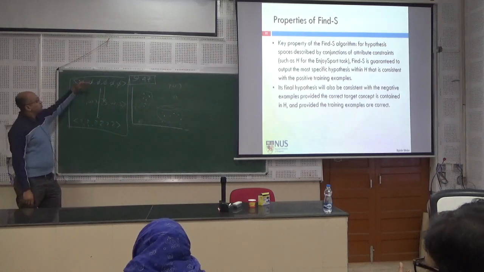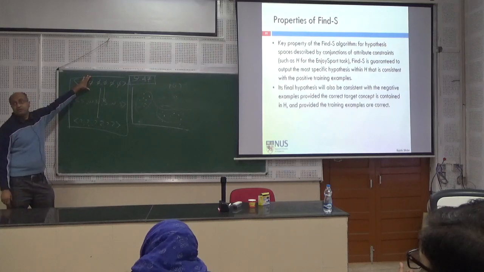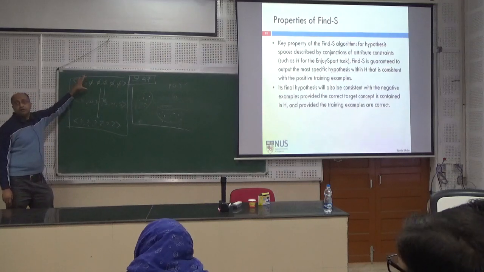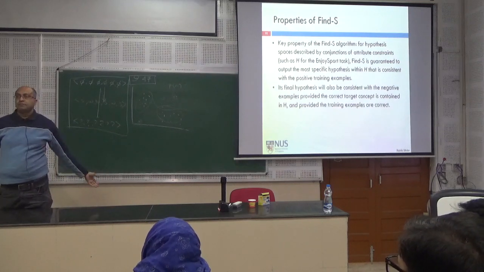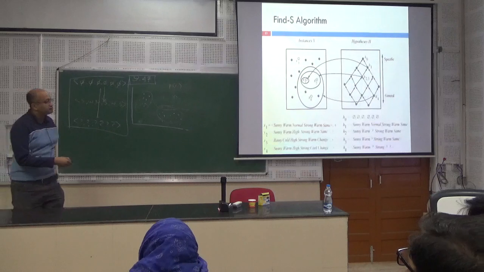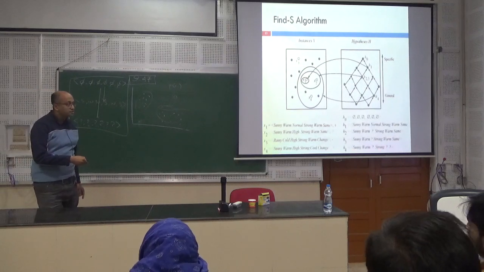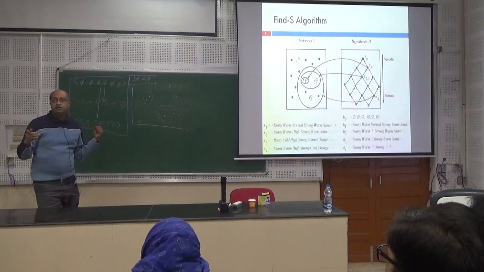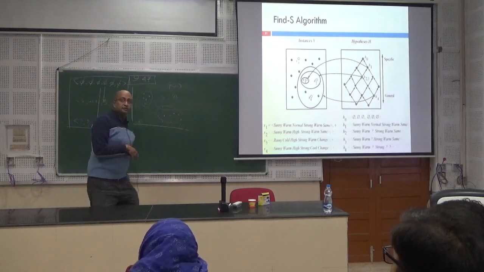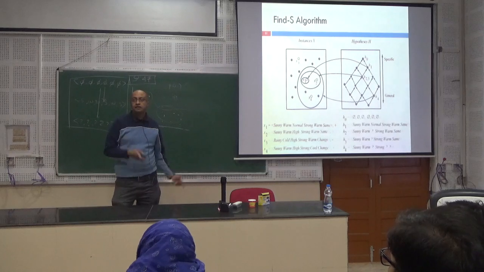We are giving you the most specific. I started with the most specific one, and I tried to generalize till it accepts everything. So what I have given you at the end of this is the most specific, the most restrictive hypothesis that still satisfies my data. And that's what this is outputting.